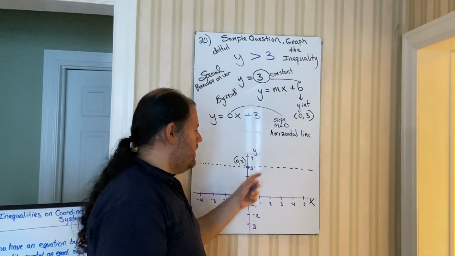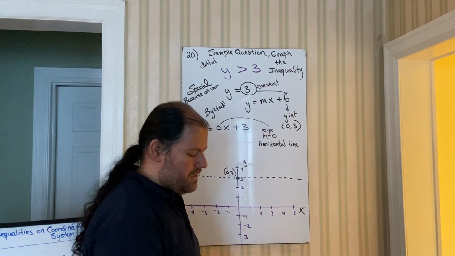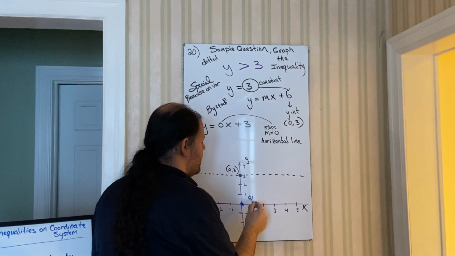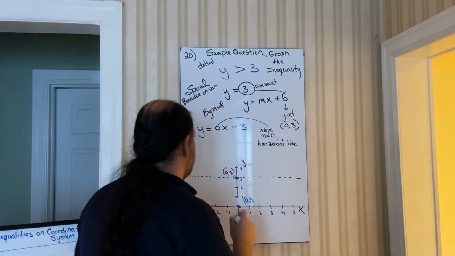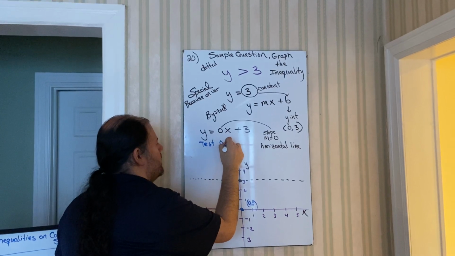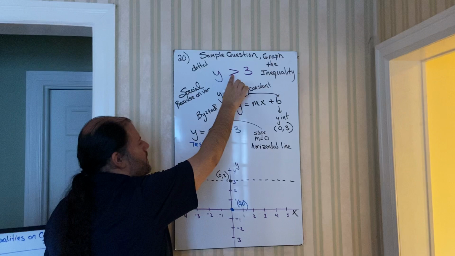So how do I shade? Do I shade above? Do I shade below? Pick a test point. Love my 0, 0. Notice it's not on the black boundary line, so it's available. We're going to test 0, 0. Plug it into the original, not this equal stuff, the original.